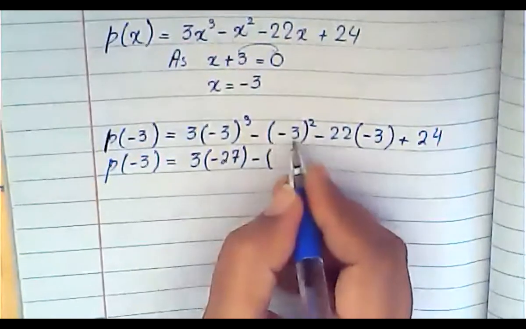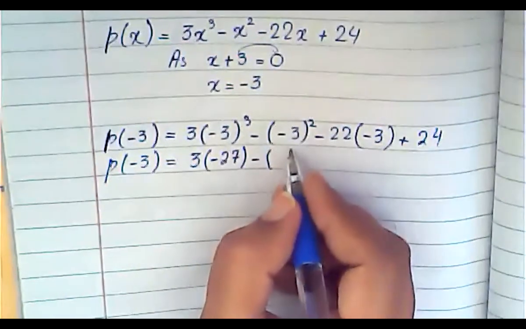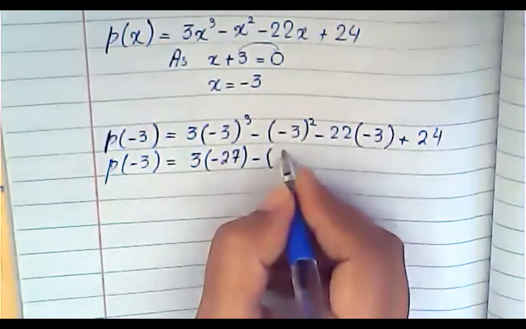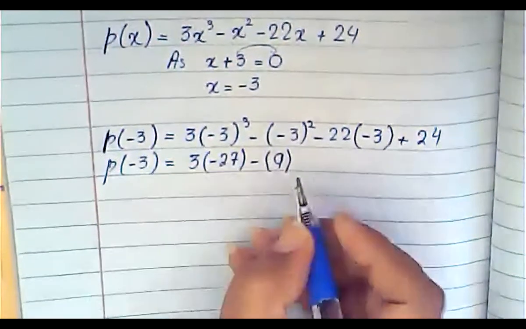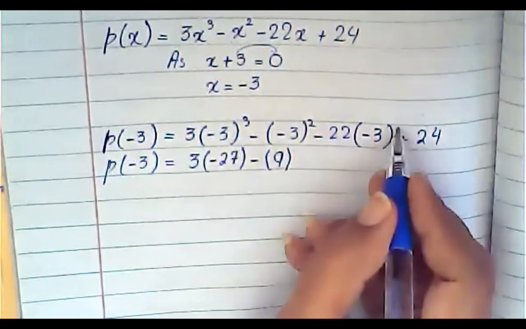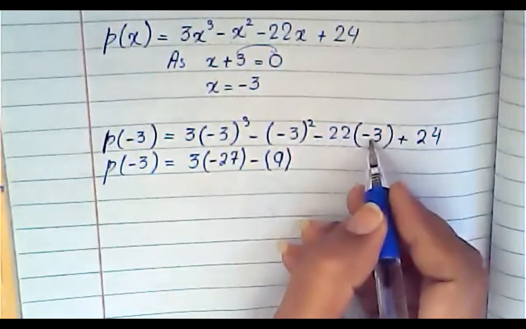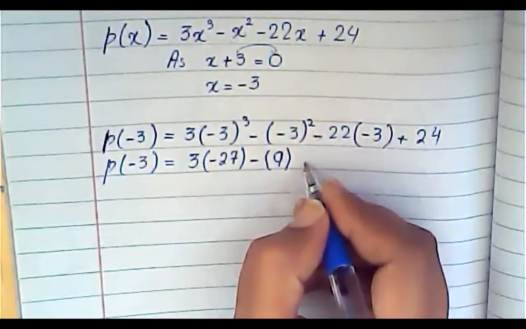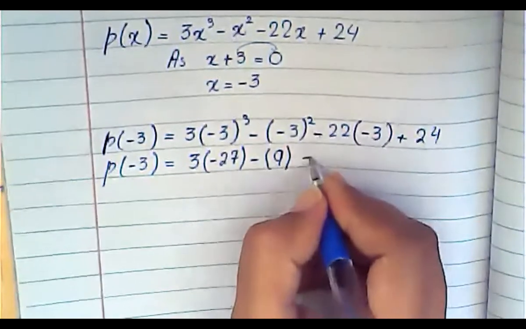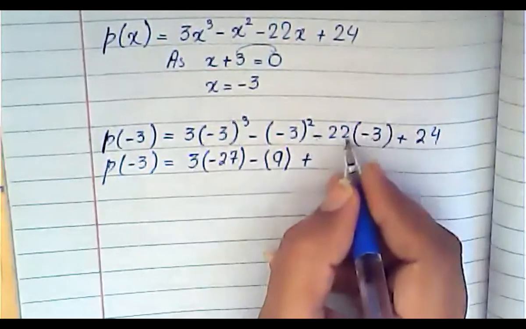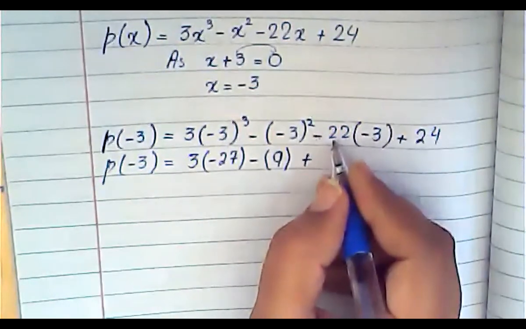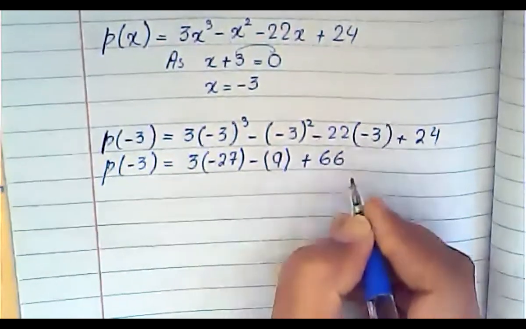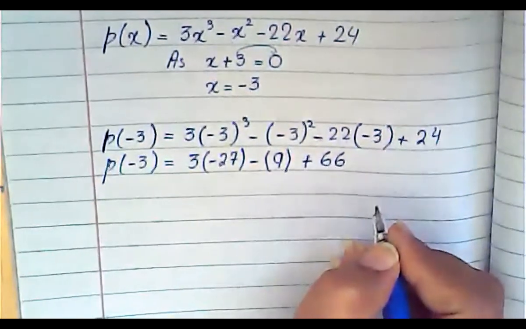Minus, then the square of minus 3 is 9. 3 multiplied by 3 is 9. Minus minus will be plus. Now, no cube here, so simply you will multiply them directly. Minus minus will be plus, and 3 multiplied by 2 is 6, so 22 multiplied by 3 will be 66, right?